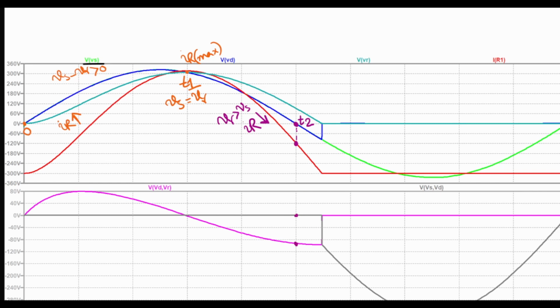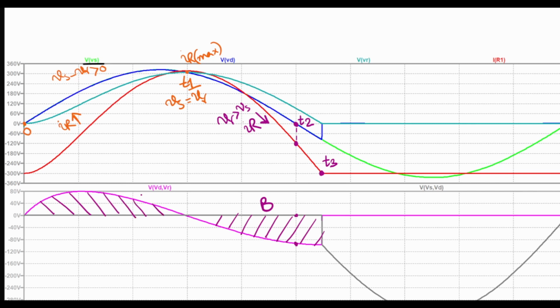And how can we find out the point where the current becomes equal to 0? So this point, which is T3, will occur when the volt second area of the inductor voltage during the discharge period, let's call it area B, is equal to the charging period.